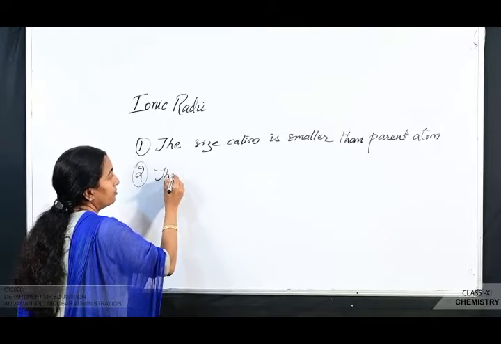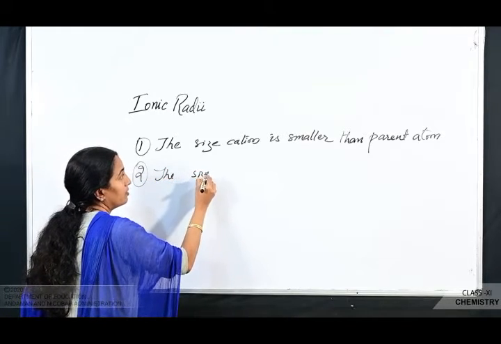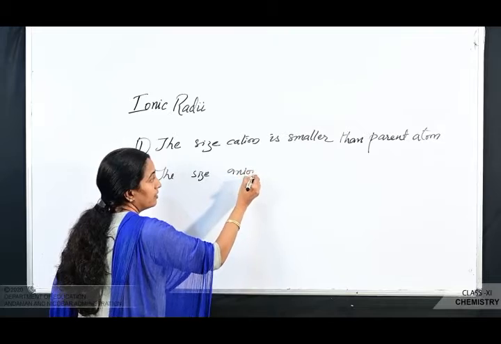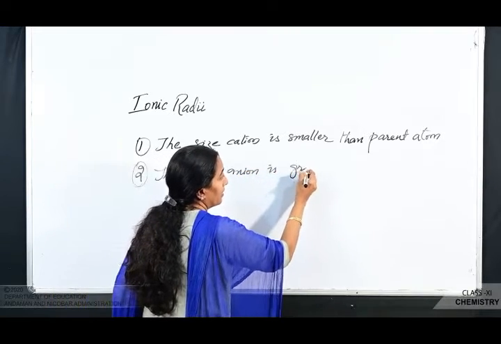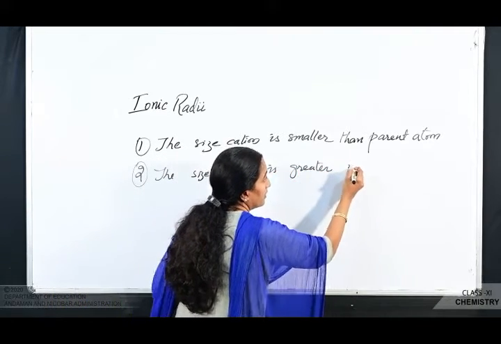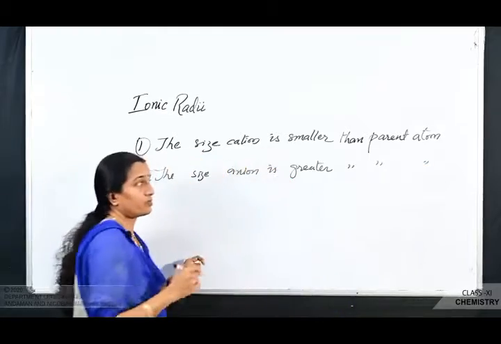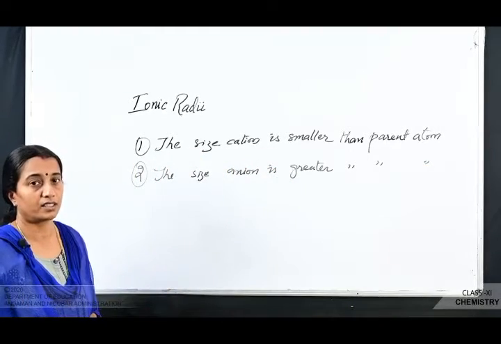The size of the anion is greater than the parent atom. So we'll see why it is so.